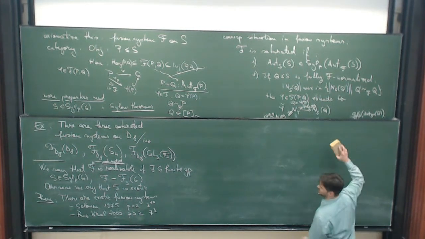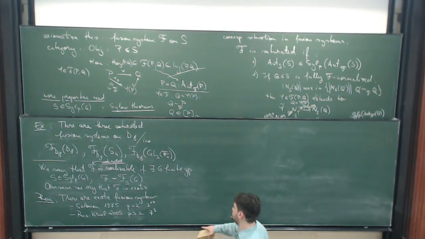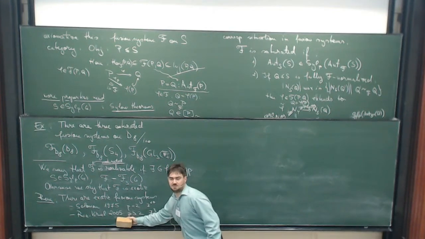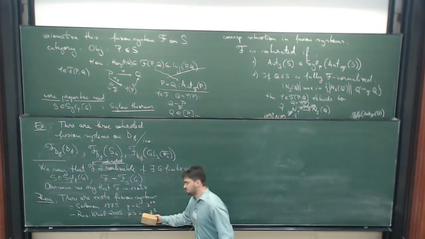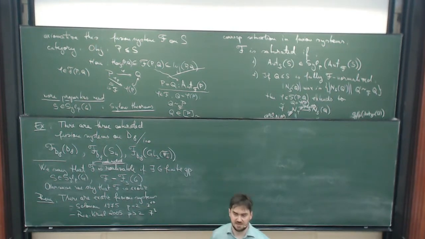Oliver and Andersen, sorry. Thank you. In the examples that they looked at, extra special p-groups of order p to the cube. Among those, only the reals will be real.